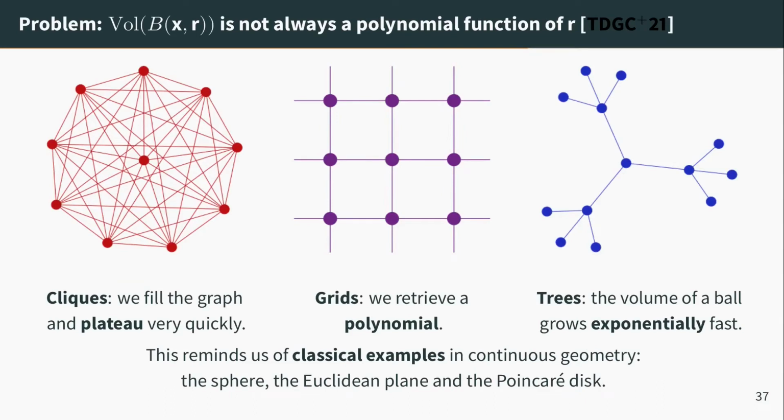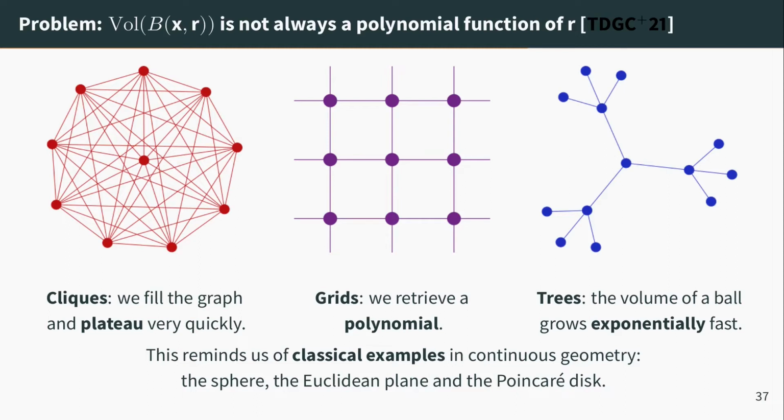So we understand that defining a notion of dimension on a graph is going to be harder than we thought. And actually, this type of situation reminds us of classical examples from continuous geometry. Notably, I think this one you can understand even if you don't have a background in geometry. Think about a small sphere.